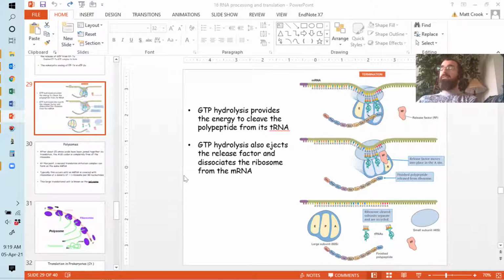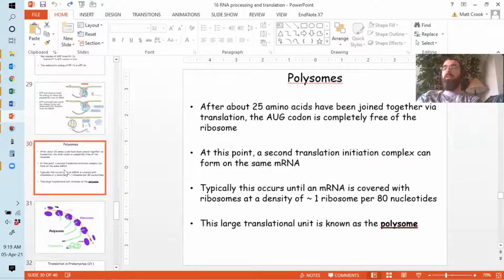One of the neat things though is that this doesn't happen one ribosome at a time. Whenever you produce an mRNA, you're now able to translate it with multiple ribosomes at the same time. And these are called polysomes.